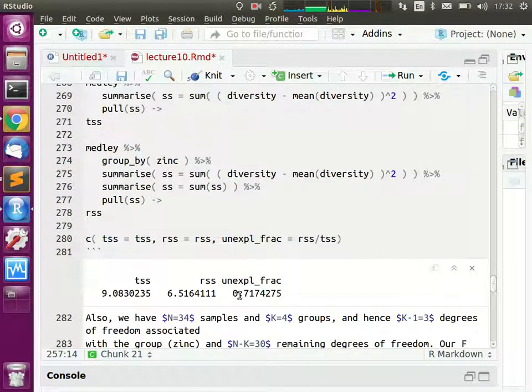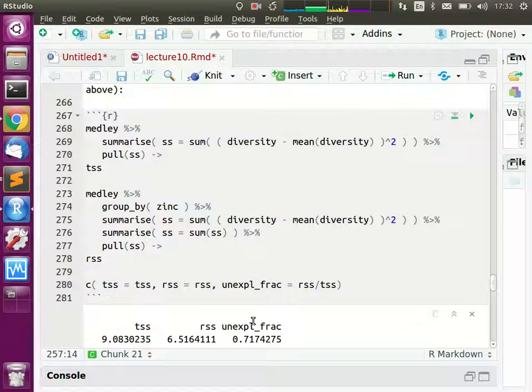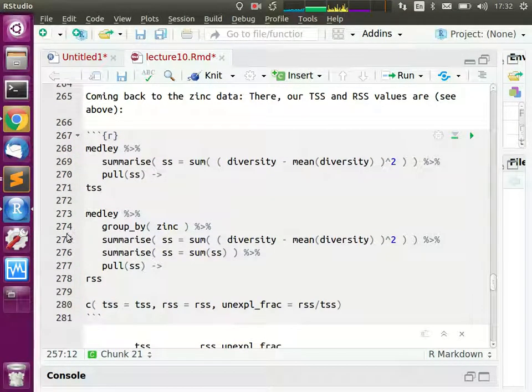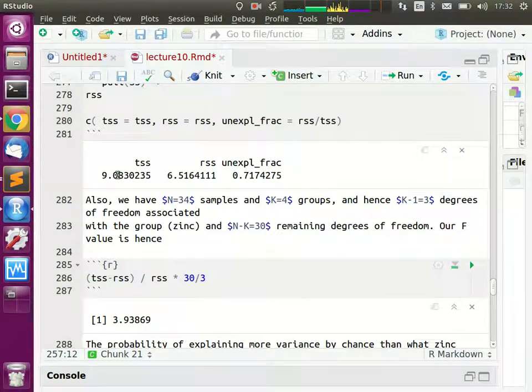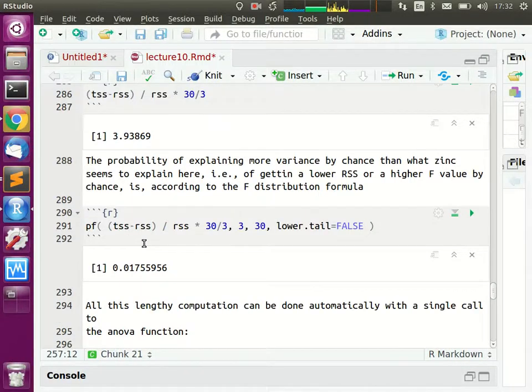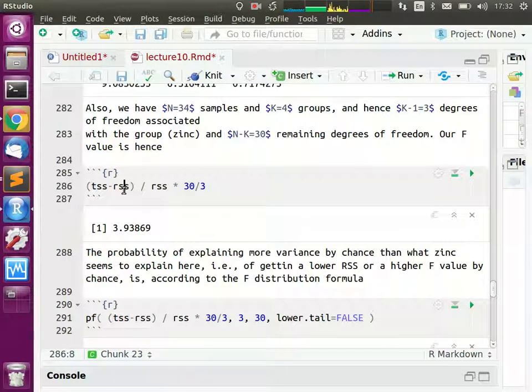For our zinc data, let's calculate here for our medley stuff with values in our true data. So in our zinc data, we have here this TSS, this RSS, this unexplained fraction, and here we have the TSS minus RSS, so the explained fraction divided by the unexplained factors times the degrees of freedom, 30/3, same strange formula as before.